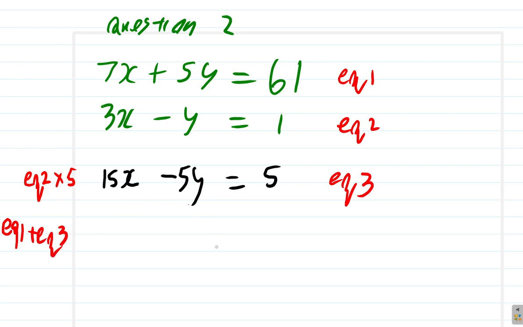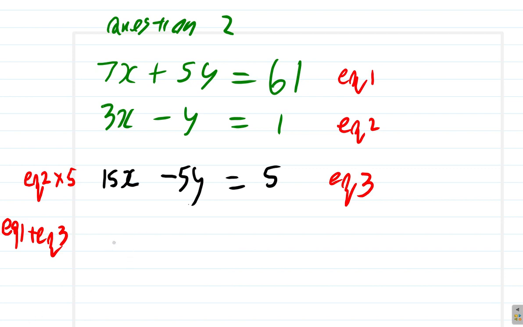We have to add, not subtract, because guess what? If we say equation 1 minus equation 3, then we would say 5y minus negative 5y, which is the same as 5y plus 5y. And we would have 10y, we would not eliminate y. We have to be careful when we have these subtraction signs.